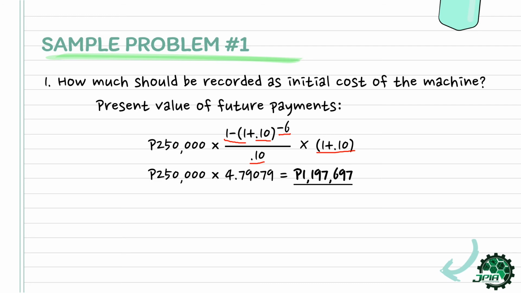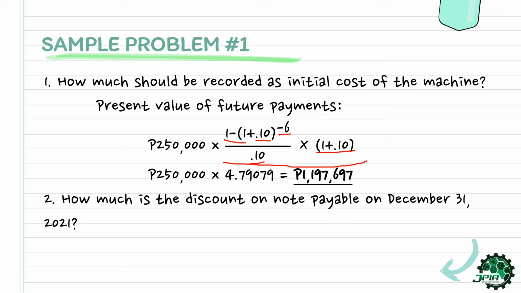So, 250,000 times the answer of this, which is 4.79079, gives us the initial cost of the machine na 1,197,697. Now, since note payable ang pinag-uusapan natin dito, pwedeng tanungin, how much is the discount on the note payable?